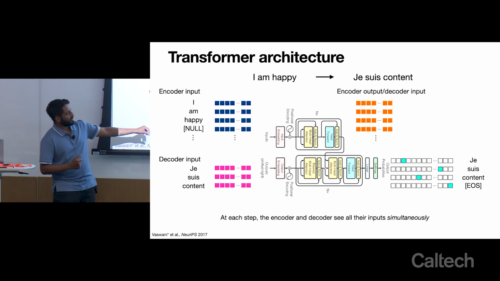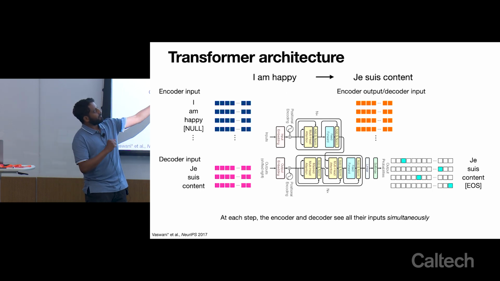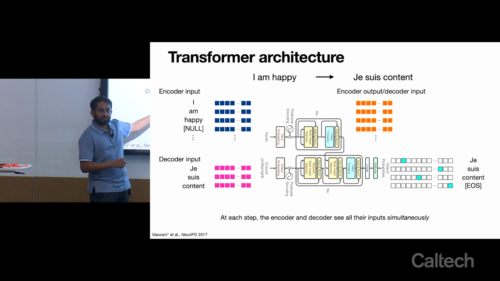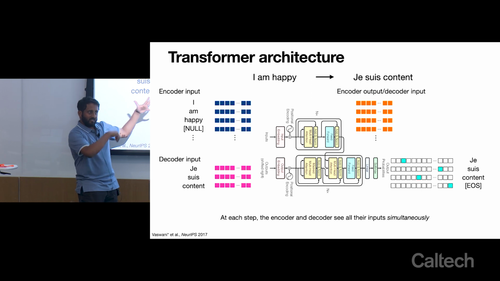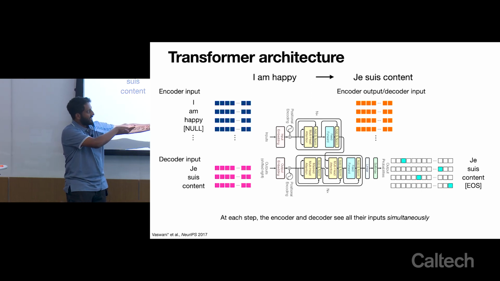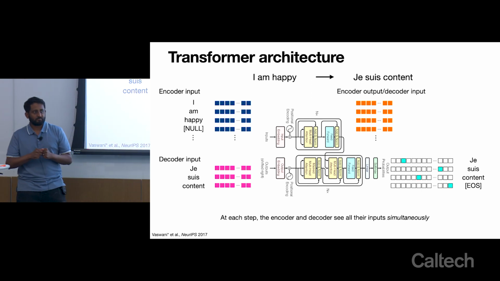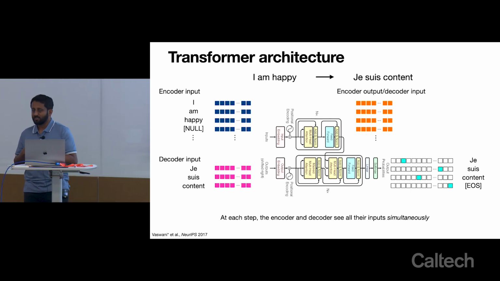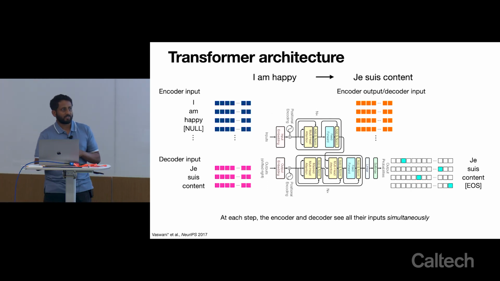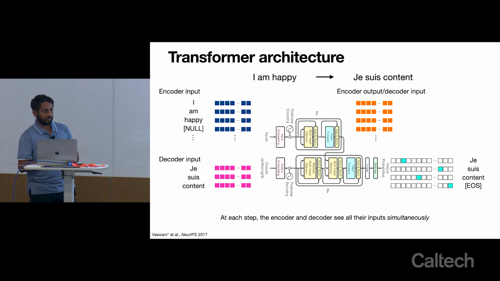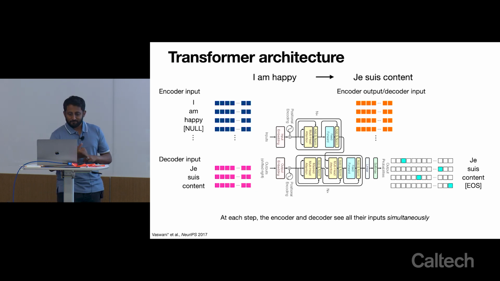Similarly, the decoder takes all the input from the encoder along with any input that you're feeding in simultaneously and just predicts the next word. So there's no sequential computation when you're training these networks, which is a really big deal when it comes to training, when it comes to vanishing gradients, et cetera.